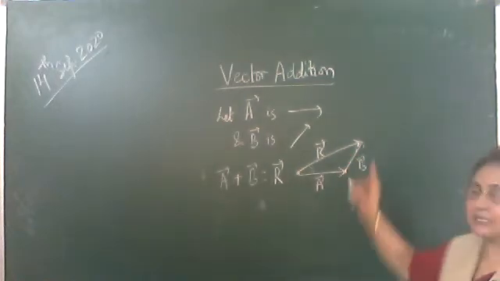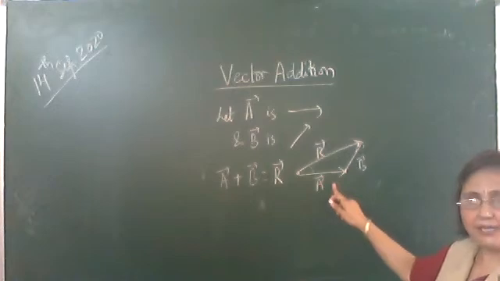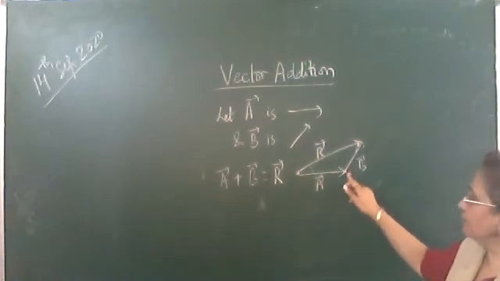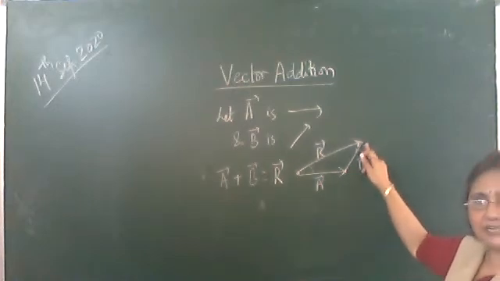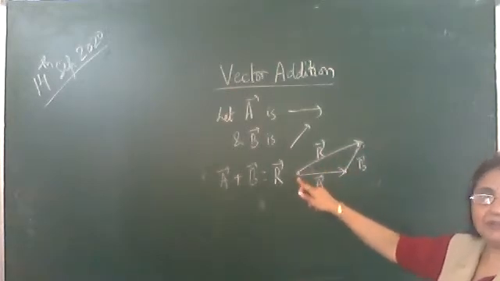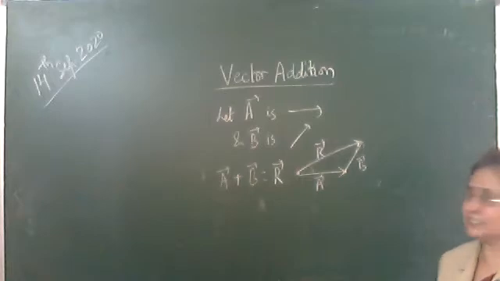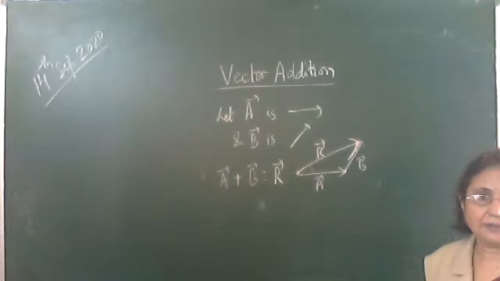So in this way, the resultant vector is obtained. Draw the first vector A. From the head of the first vector, join the tail of the second vector. Then the resultant is given by the tail of the first vector to the head of the second vector, in magnitude as well as in direction. So this is the resultant vector.